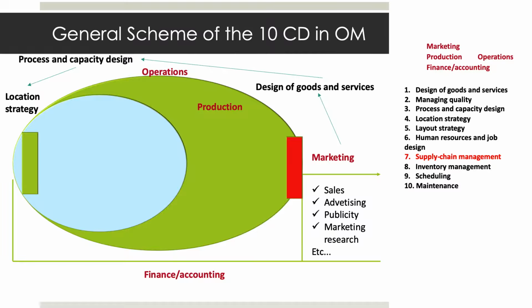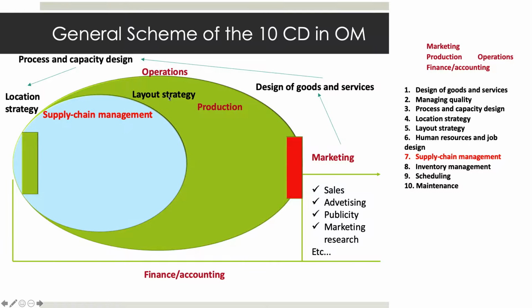Juarez is a very good place for worldwide companies to produce in manufacturing. Then we have this special decision, supply chain management, represented by the blue oval. It's like an internal process that we have in operation.